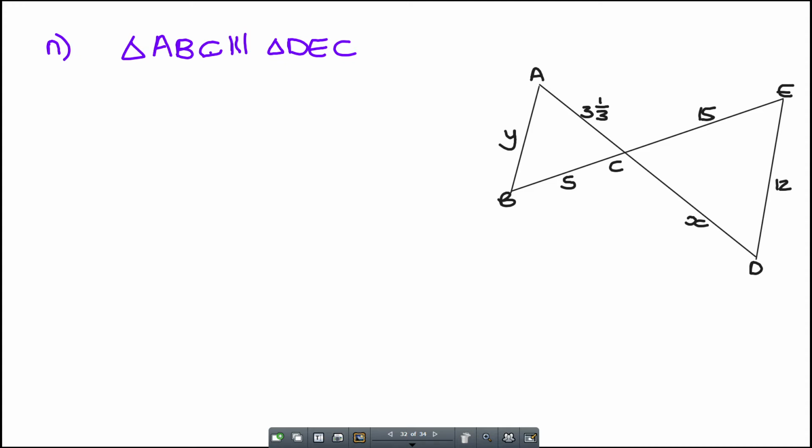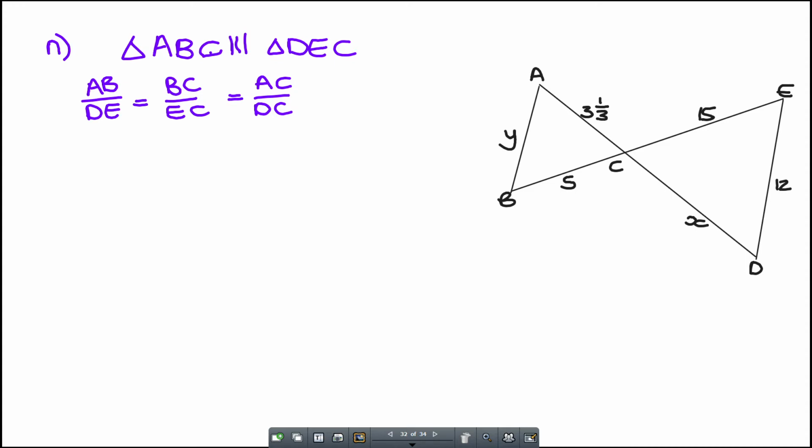Alright, so because of this, I know that AB will be over DE, and that's equal to BC over EC, and that's also equal to AC over DC. Nee, dit het ek gekry uit gelykvormigheid. So kom ons gaan stel nou gou in.